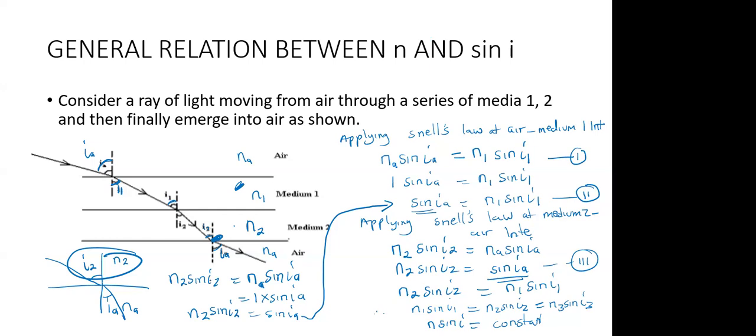Yes. So they can ask you to derive it to show that n sine I is equal to a constant. Whenever they tell you to derive, show, or do this and this, please make sure you define the variables and the terms you are using. You can have opening statements, for example: consider a ray of light traveling from air through a series of mediums 1 and 2 of refractive indices N1 and N2, and finally it emerges into air.